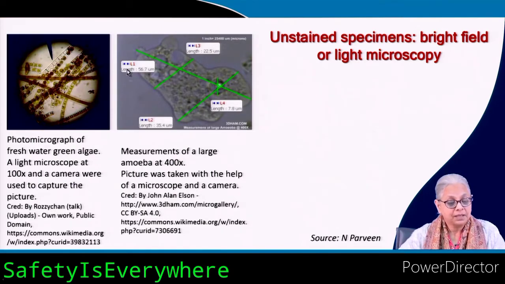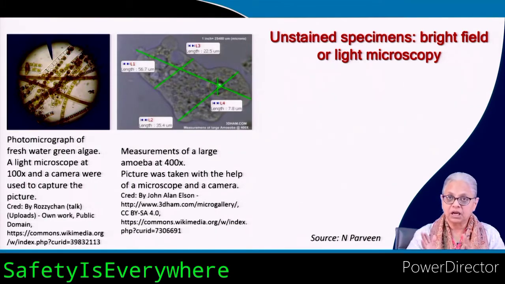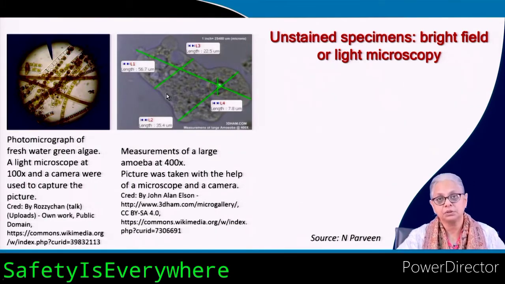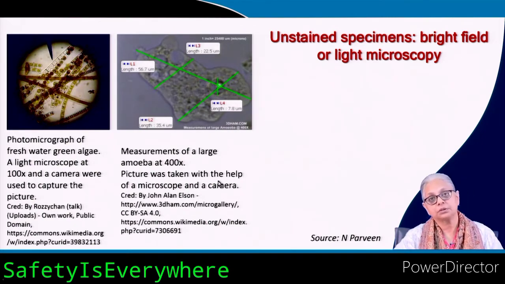So that you can see is an amoeba, and the length of this cell is about 56.7 microns, and you can see that the width has been measured at different points because it's an irregularly shaped cell. So you can see how different points on the cell have different widths, and that is another one. So with all the technical advancements with light microscopy, you can do a lot more today than was possible maybe 30 years, 40 years ago.